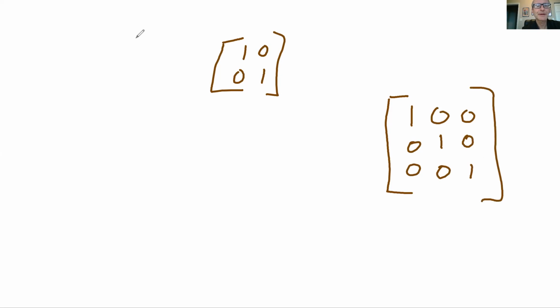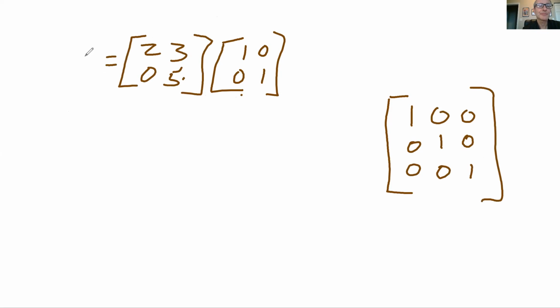So say like you take any matrix, and let's take, say, the numbers 2, 3, 0, and 5. So when you multiply this matrix by the identity, it doesn't matter what side you do it.